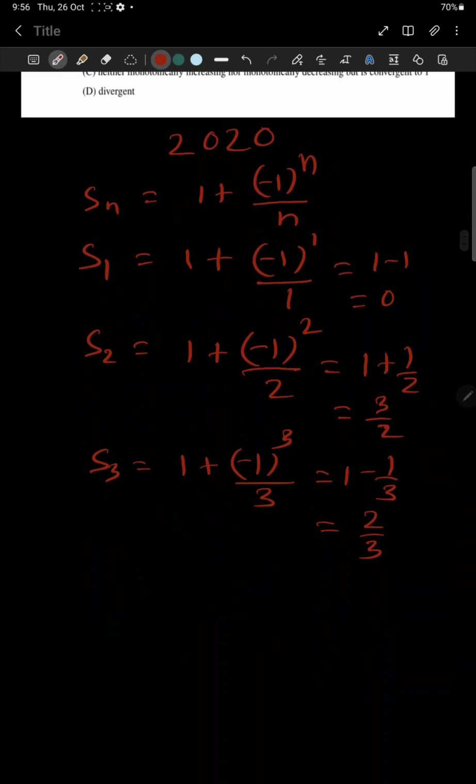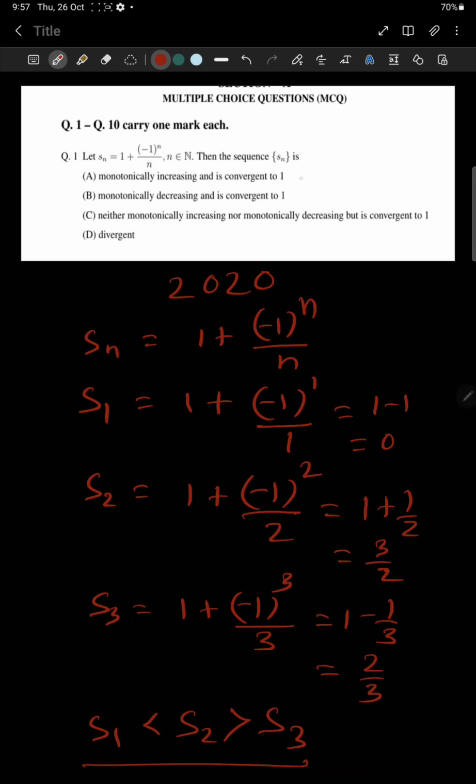If we arrange these three terms in sequence, then we will get S1 less than S2, which is greater than S3. If we observe this pattern, then initially it was increasing, but from S2 to S3 it is decreasing. So the sequence is neither increasing nor decreasing.